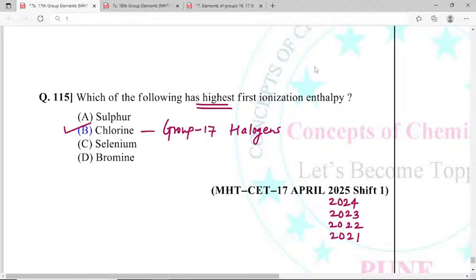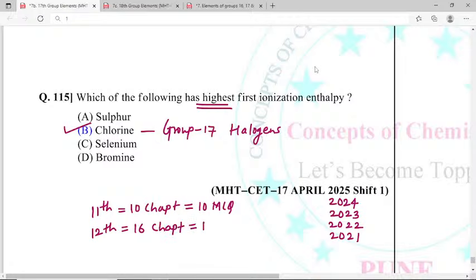If you solve the questions from the 11th standard, chapter 10 with 10 MCQs, and the 12th standard, chapter 16 with 40 MCQs, that is a total of 50 MCQs.